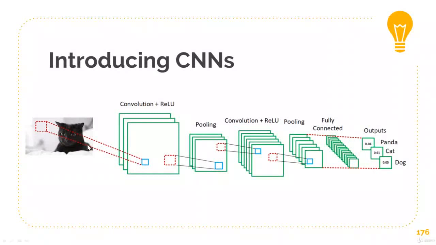So, introducing CNNs here. This is effectively what it is. I'm going to go through each of these in detail in the later slides, but for now, conceptually, this is what it is. Remember in neural nets you had an input layer and hidden layers? Well, these are the hidden layers in a convolutional neural net. What happens first is that we have what is called a convolution, where a ReLU activation unit is applied to the convolution.